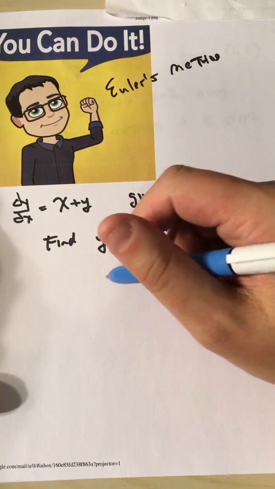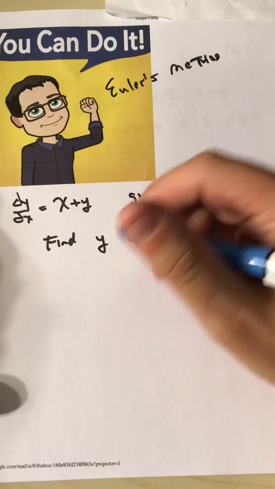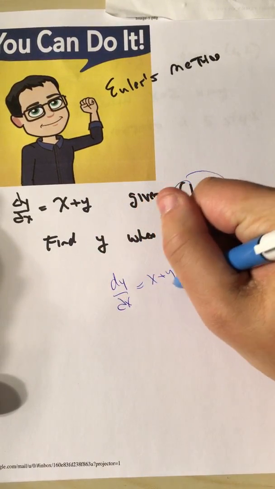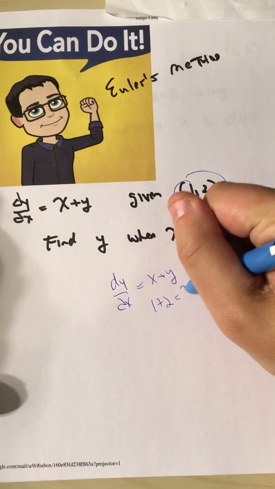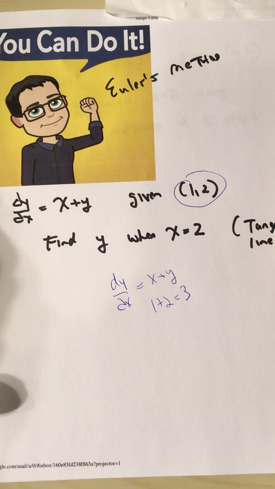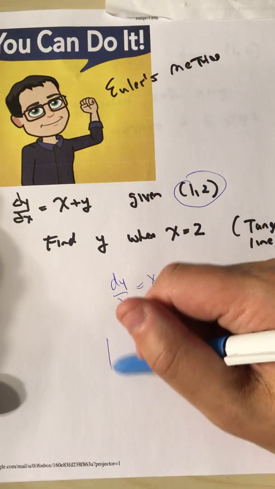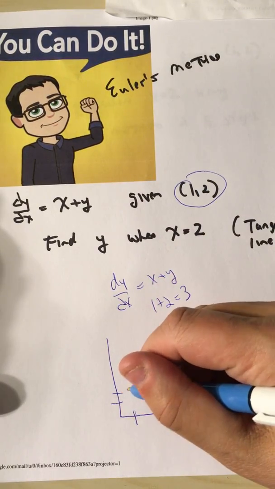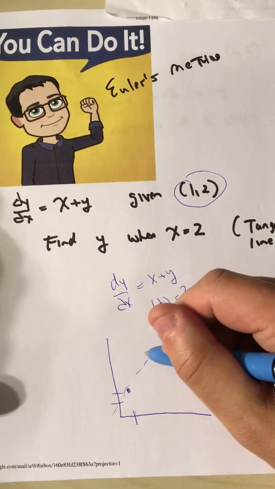Well, I know this point here, and I know the derivative at that point is 3. Essentially what's happening is at the point (1, 2), the slope is 3.